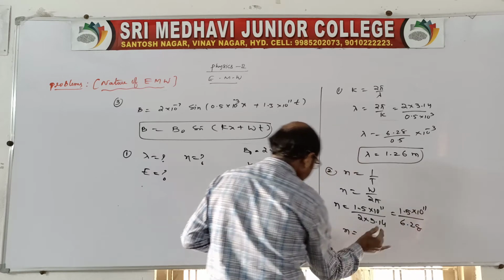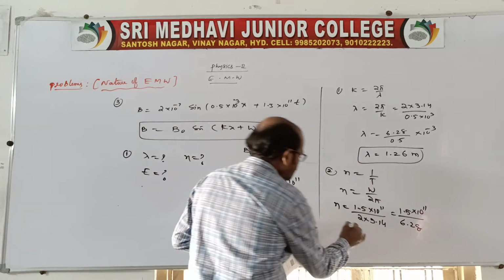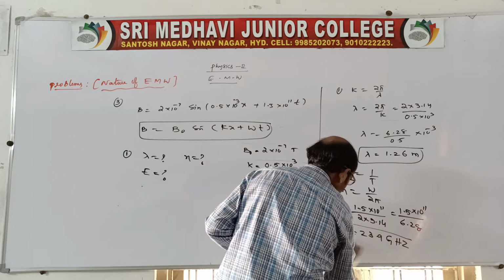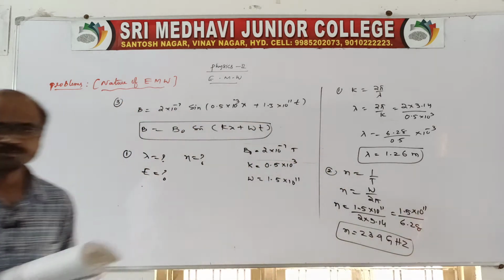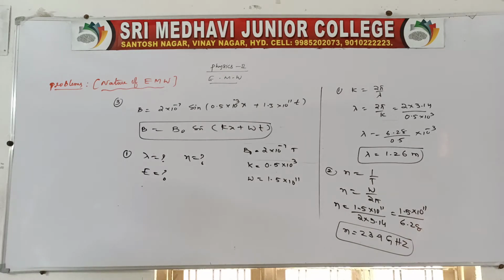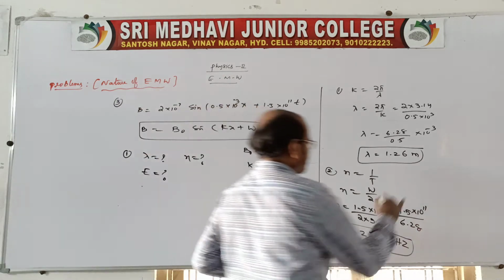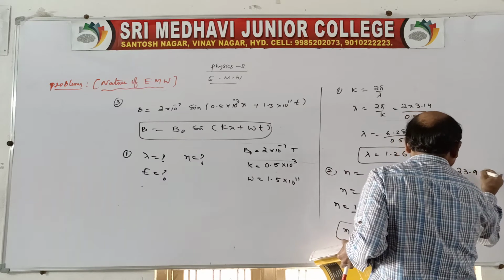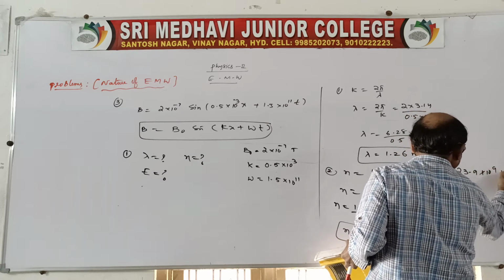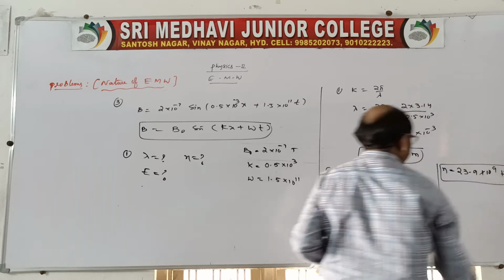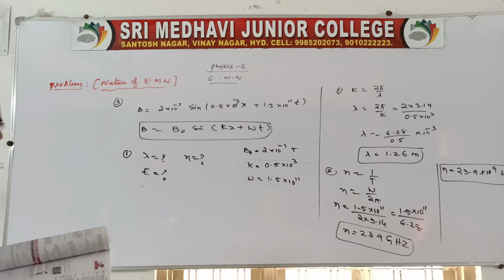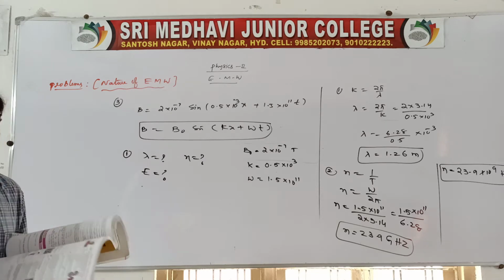So the frequency of the wave is 23.9 gigahertz. Giga means 10 power 9, so in hertz, n is equal to 23.9 into 10 power 9 hertz. If it is asked in gigahertz, you write 10 power 9 as giga.